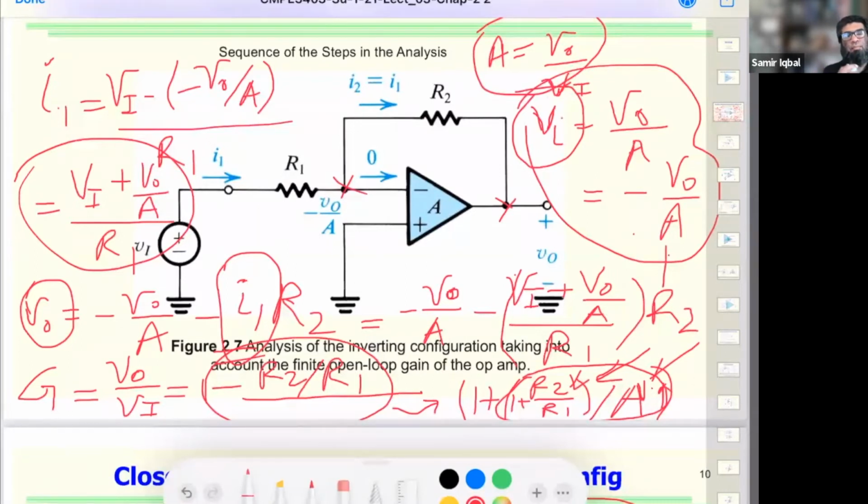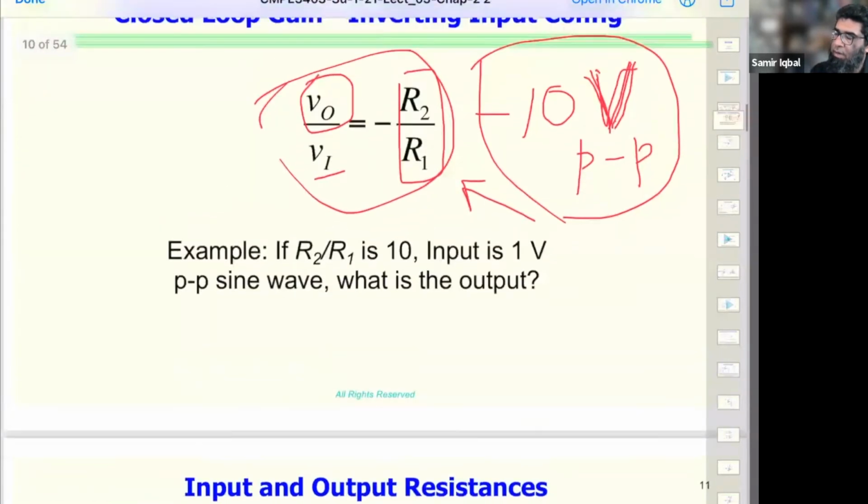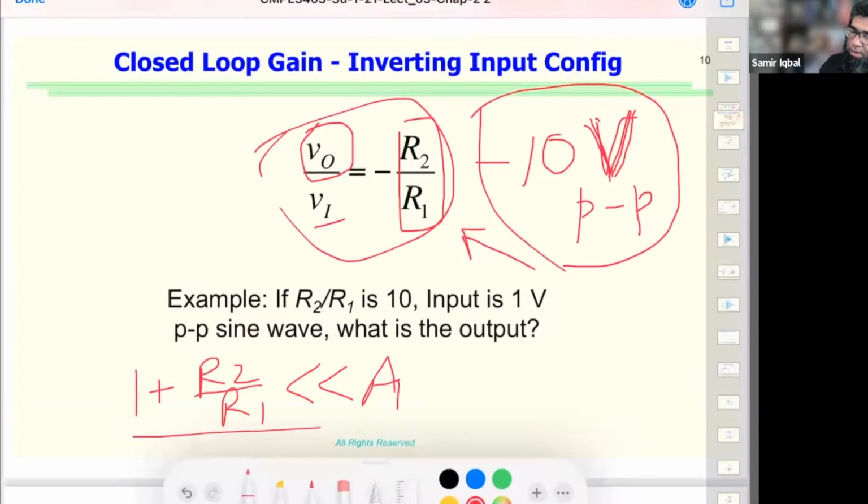So now on the ratio of R2 and R1, like we were seeing, there's one more condition to that: 1 plus R2 over R1 has to be much smaller than the open loop gain.